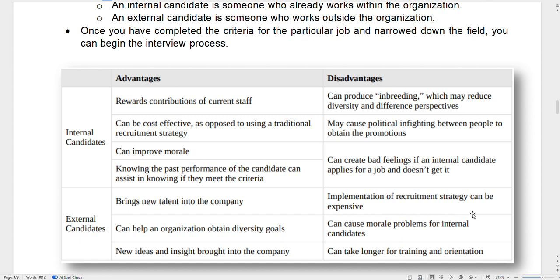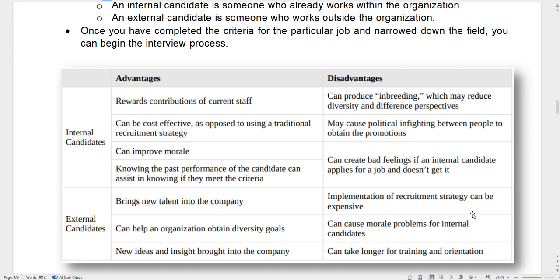So sa internal, we have required contributions of current staff. Then, can be cost effective kasi nga less hassle for us para sa recruitment. So nakatipid tayo ng malaki doon. Then, knowing the past performance of the candidate is a big thing kasi uy, galing pala niya, performer pala siya, 'di ba?